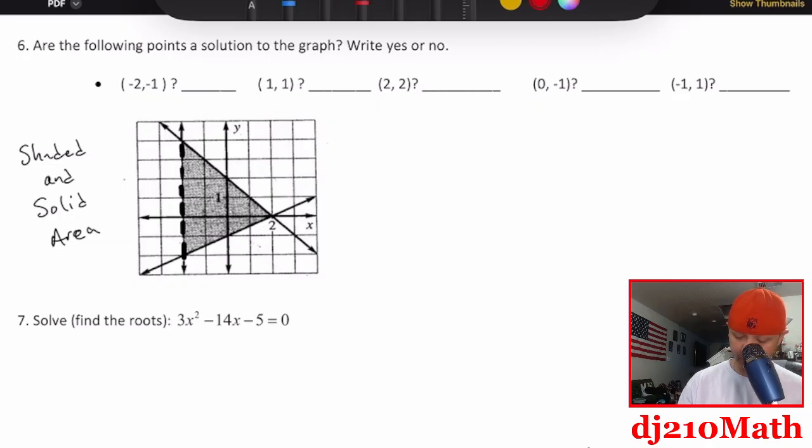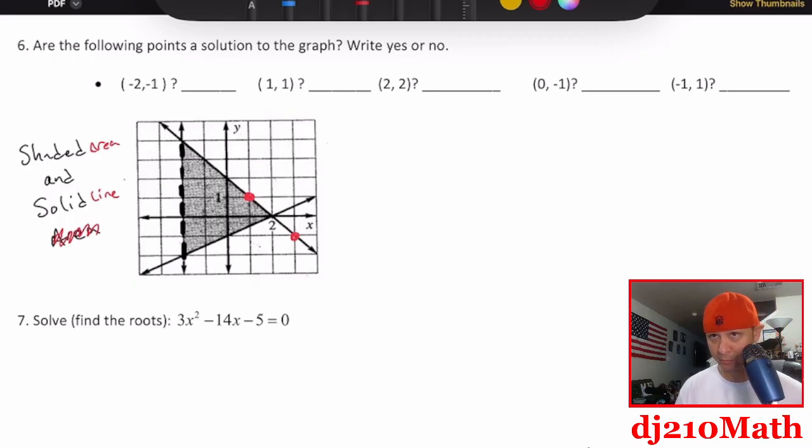this would be on the shaded and solid. This is just solid line, right? So maybe we should say shaded area and solid line together at the same time, right?